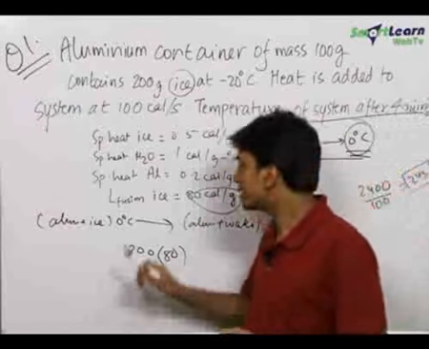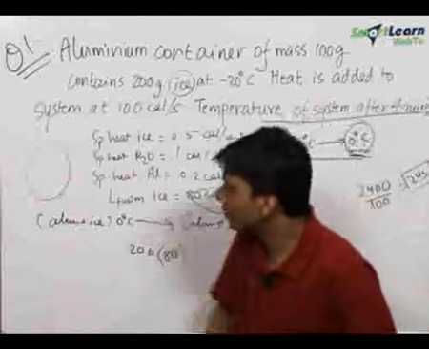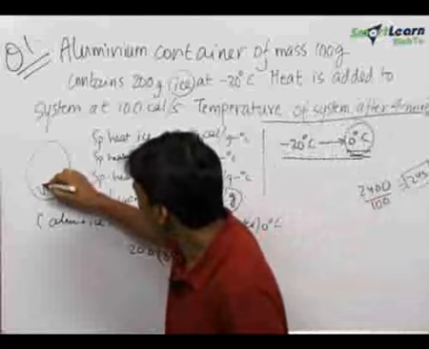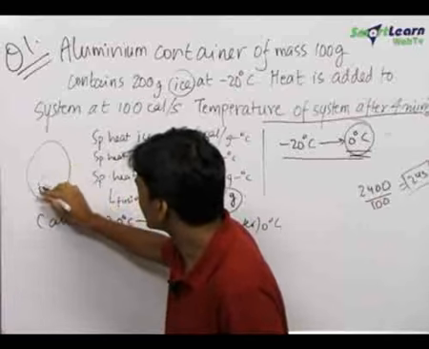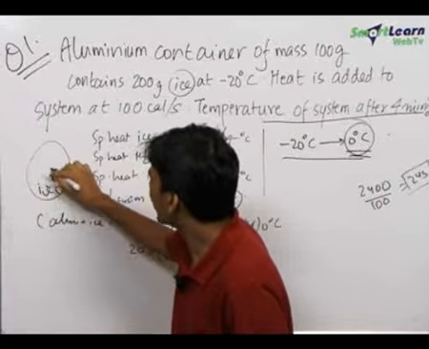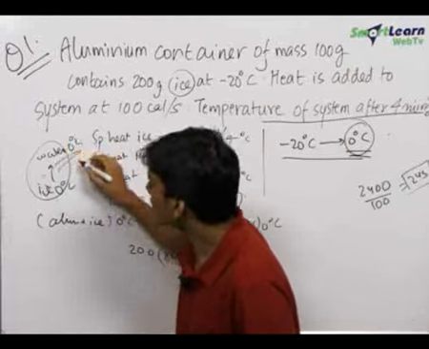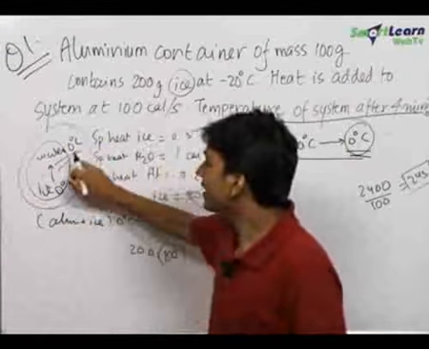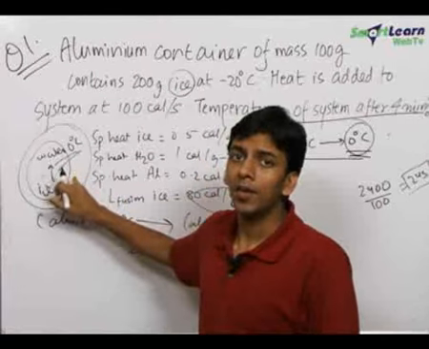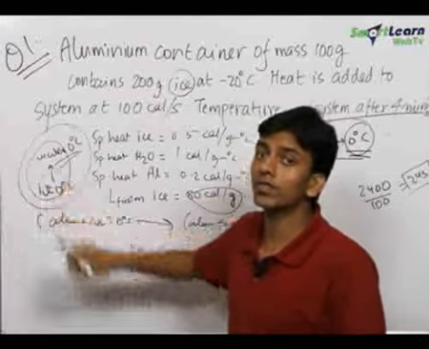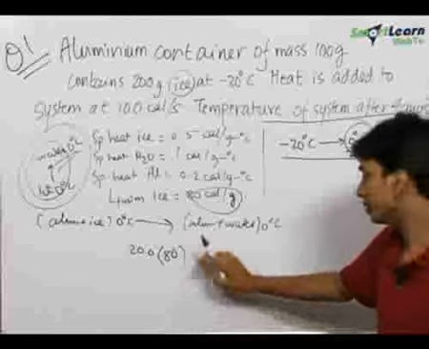So this change of state from ice at 0 degrees Celsius to water at 0 degrees Celsius is very important, because it consumes some amount of heat, but there is no change in temperature of the system. So be careful over here.